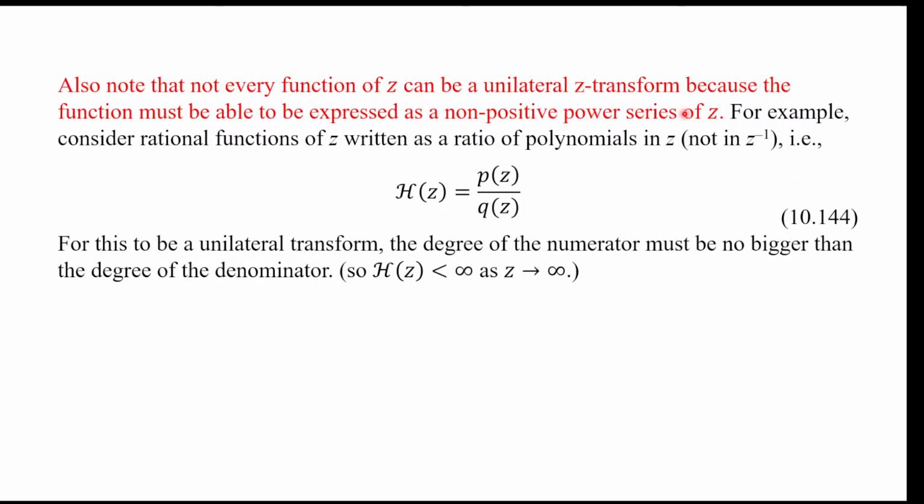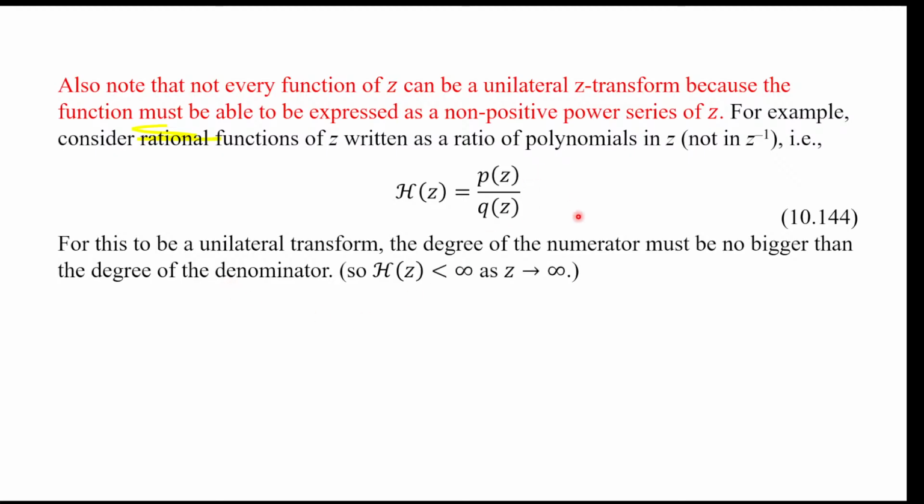If your function cannot be expressed with non-positive powers of z, then it's not a unilateral Z transform. For example, if you have a rational function, then having no positive power means that the degree of the numerator must be no bigger than the degree of the denominator.